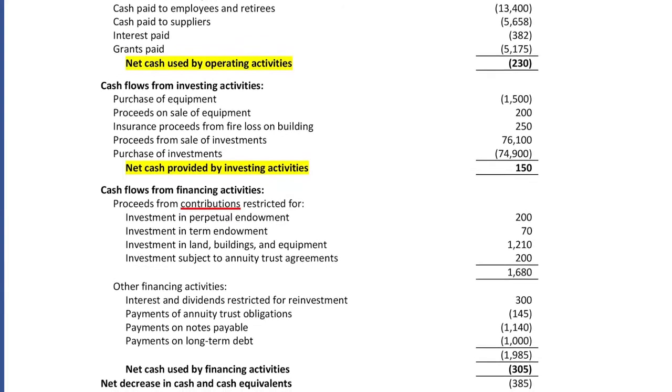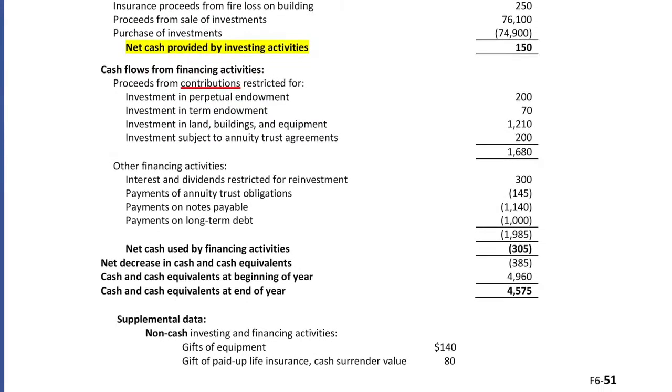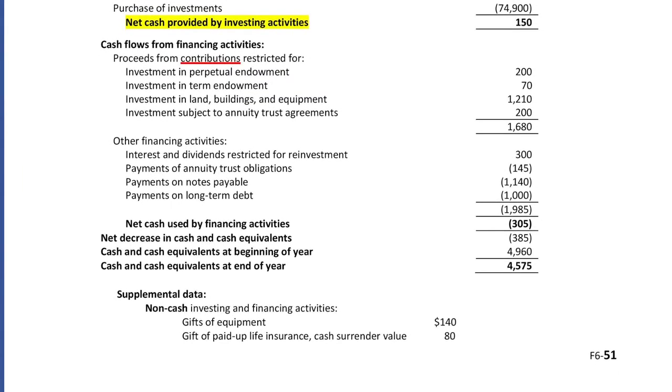Yes, as we discussed, whenever there's contribution with a permanent donor restriction or contribution with a temporary restriction for a long-term purpose, all such contributions are cash flows from financing activities.